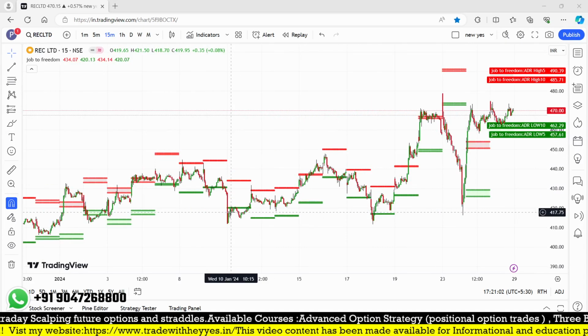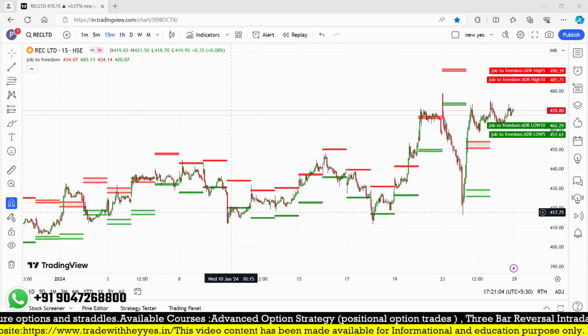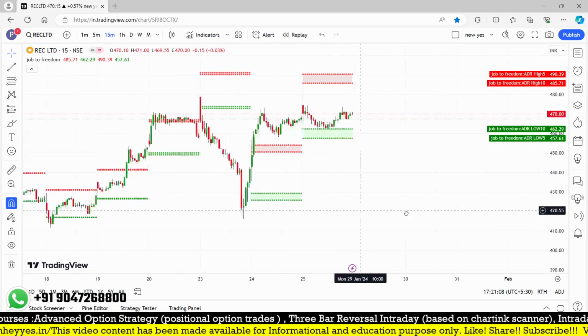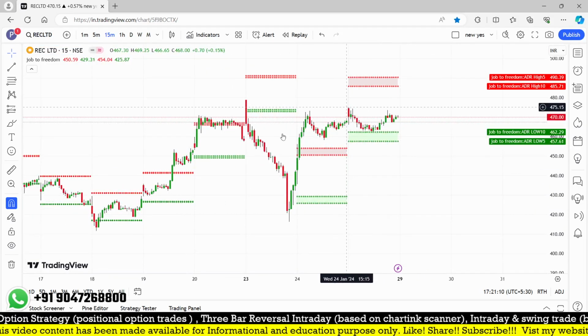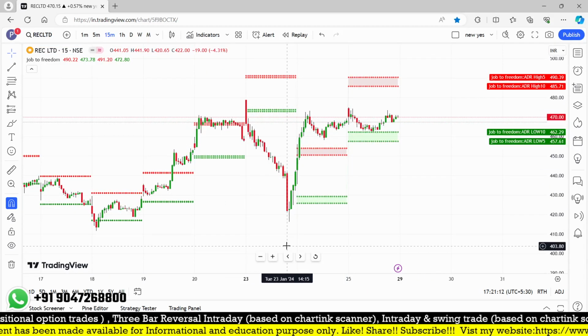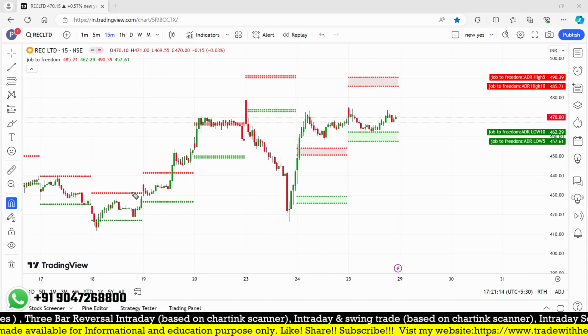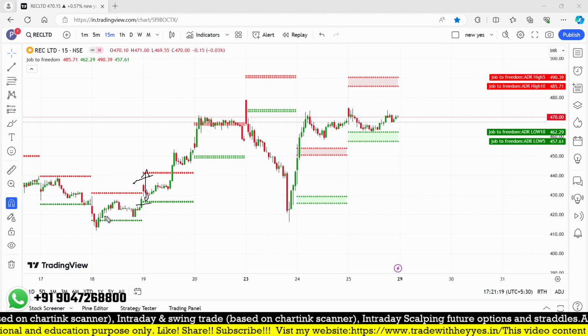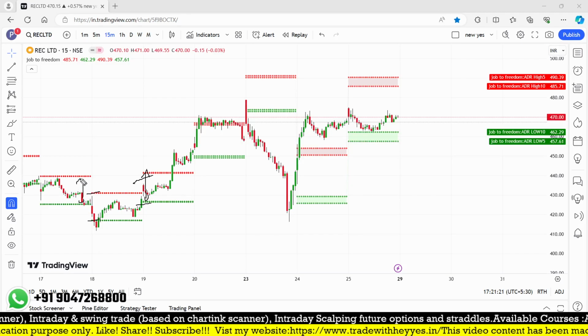Some days the ADR is not linked with the previous day, or not touching the previous day's level. So just comparing these two or three days. In this case, you can look at the previous days: the ADR is inside, in between the previous day, and here also in between the previous day.